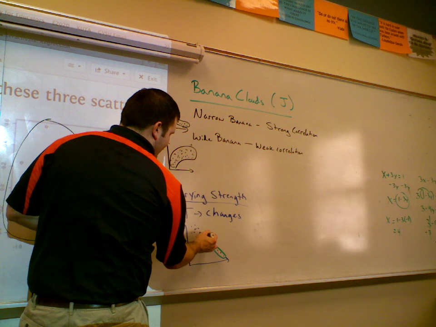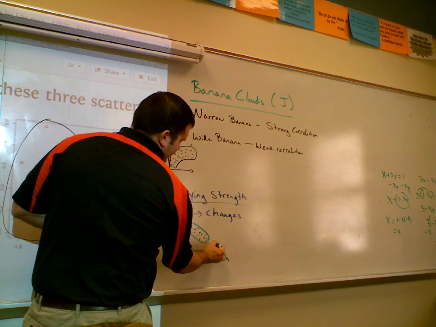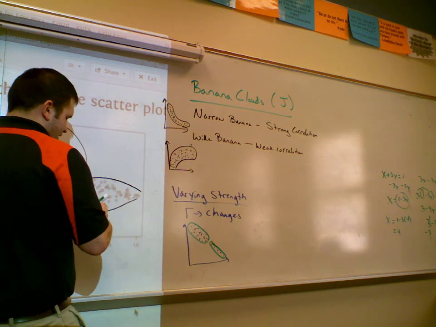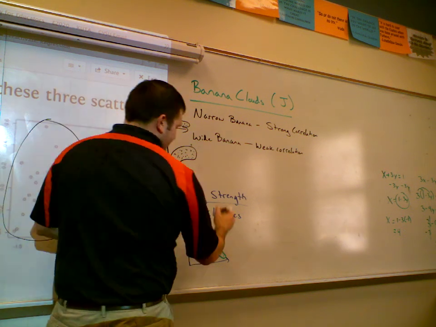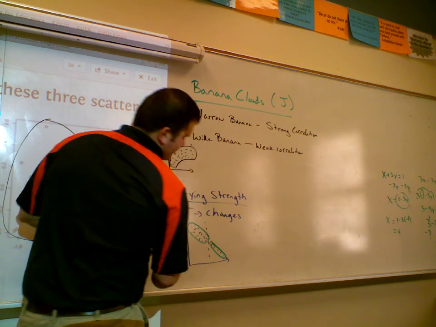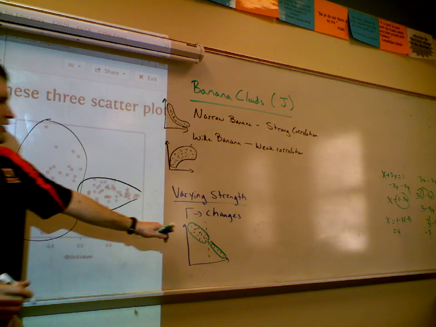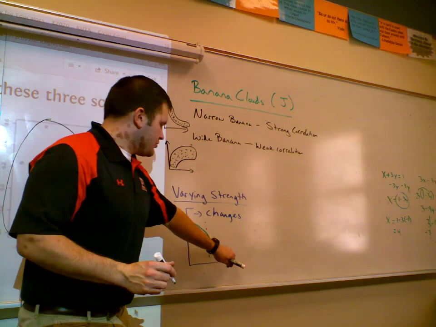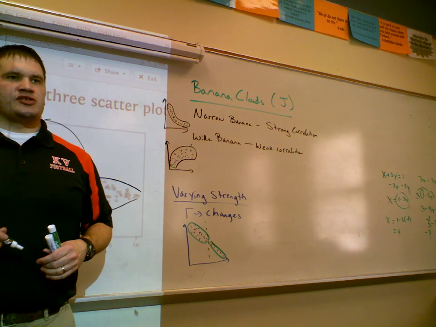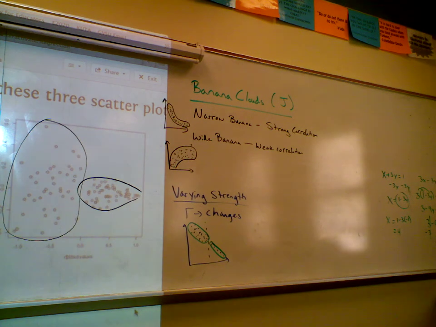We'd have a wider oval right here, right? And there's kind of like a seam right there, right? So we go from a weaker correlation to a stronger correlation. Does that make sense? Yeah. Are there any questions about that?